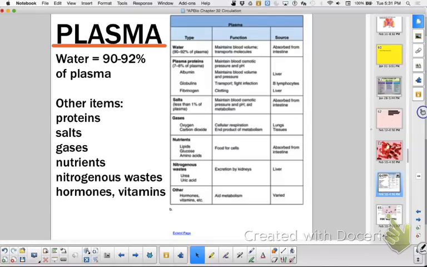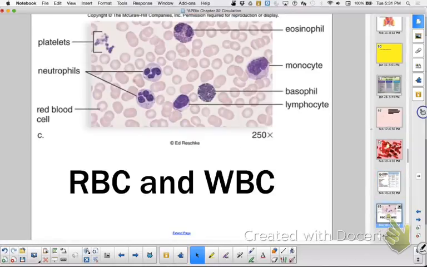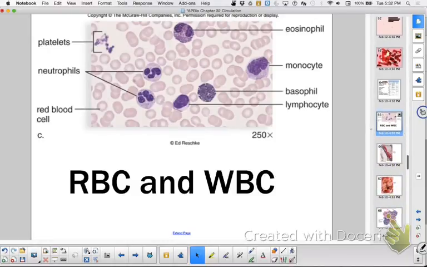Red blood cells and white blood cells are found in your blood, obviously the formed elements. Red blood cells contain hemoglobin and function in oxygen transport. And we can see in this picture, though they don't look very red, you can see where the red blood cells are here, biconcave discs. Neutrophils are like the policemen of your immune system. We'll be talking about that later.